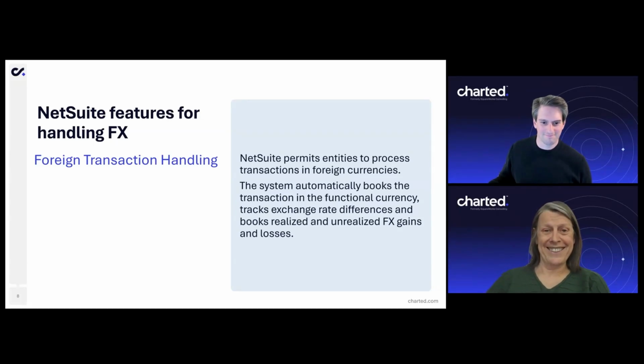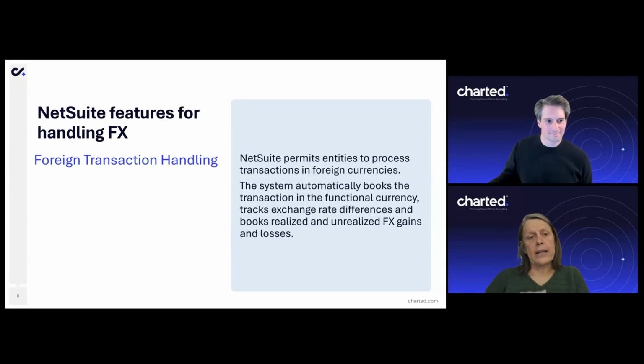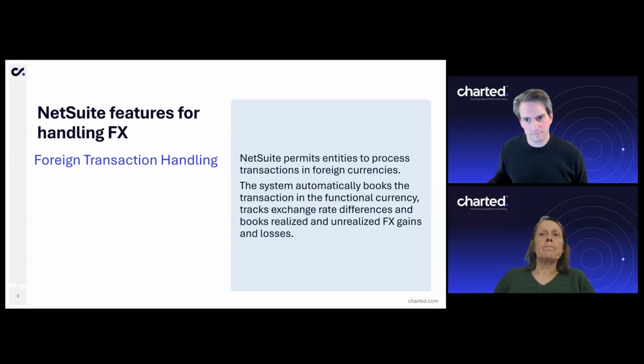Don't do that. It is somewhat of a limitation in NetSuite. You cannot settle a transaction in a currency other than the currency that it was created in. So that is very, very important.